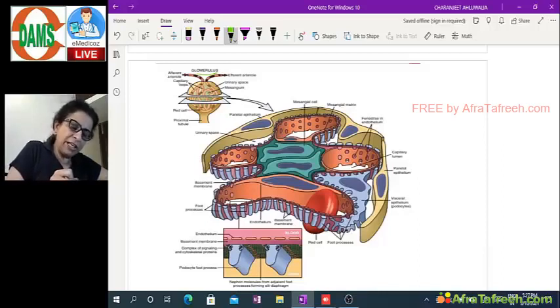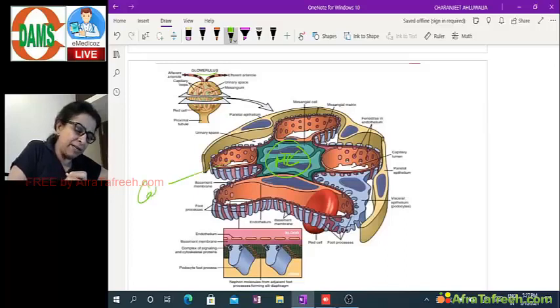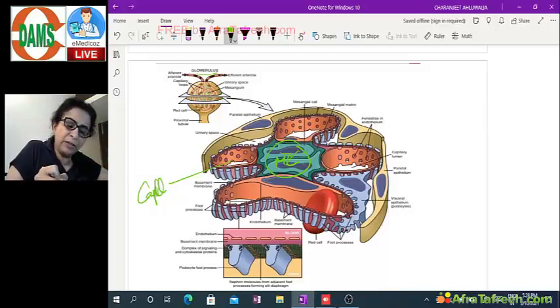If you see these green colored cells inside, these are the mesangial cells, between the capillaries. These are the capillaries, lined by endothelium. These brown colored cells are the endothelial cells. They sit on the basement membrane, and then these blue colored cells are the visceral epithelial cells or podocytes.